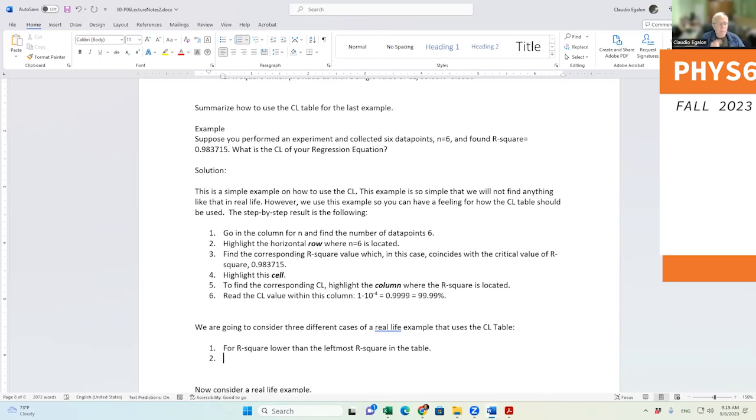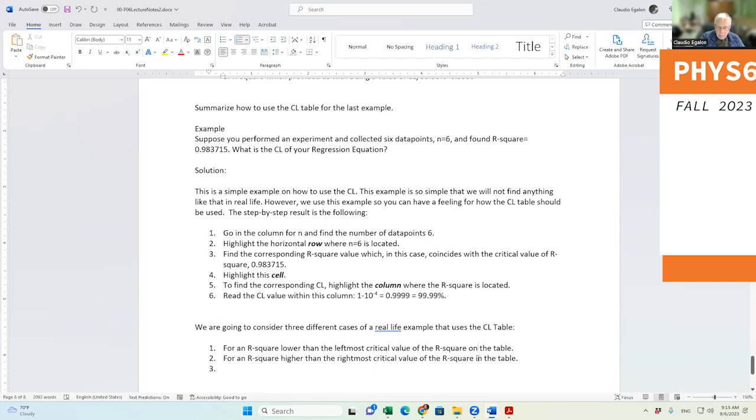Case 2: an r square higher than the rightmost critical value of r square in the table.